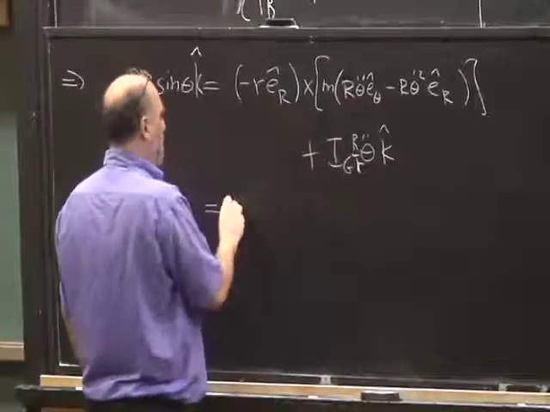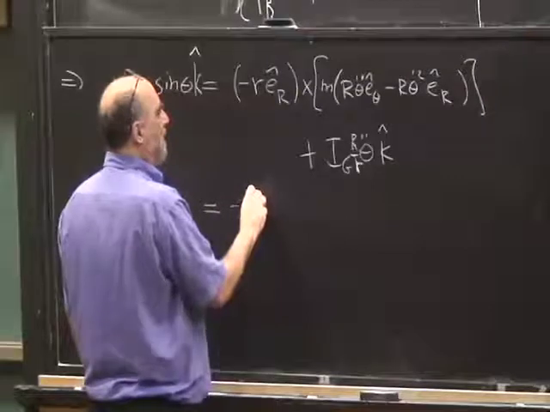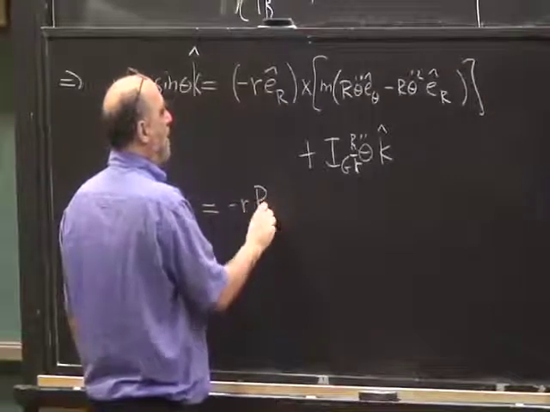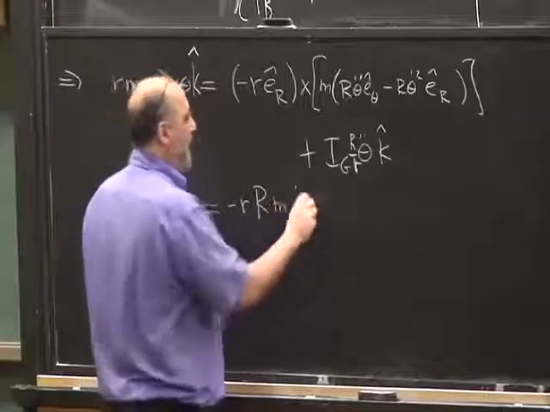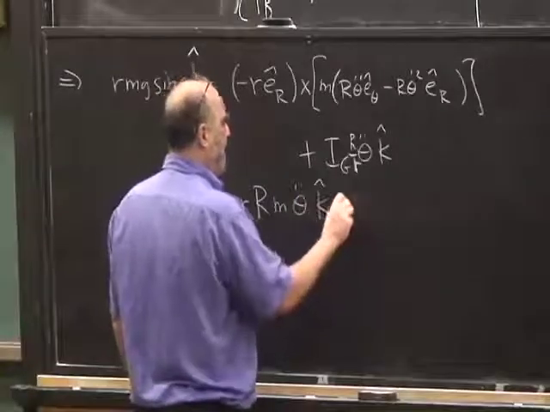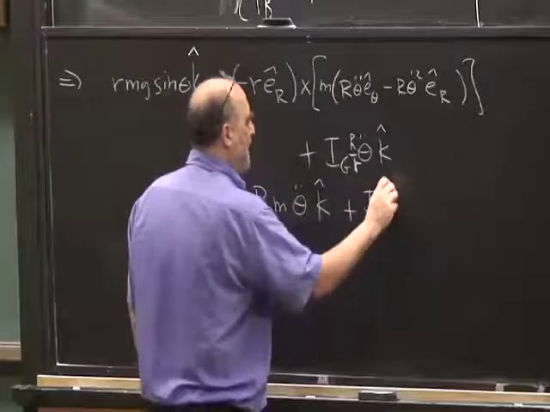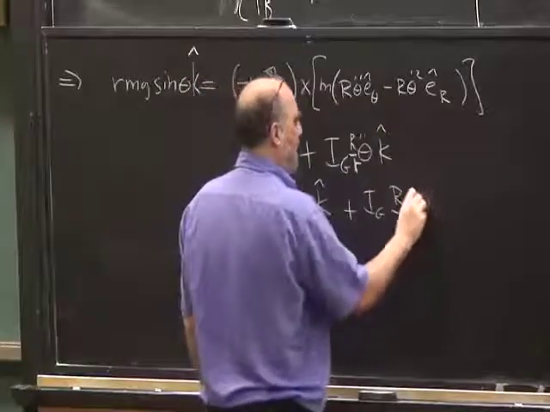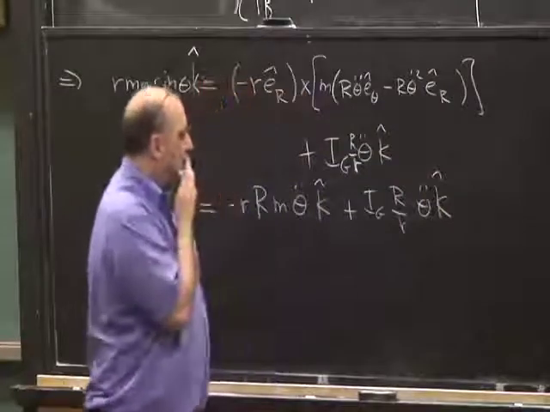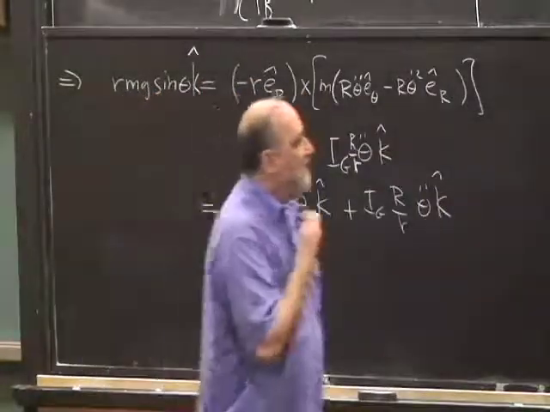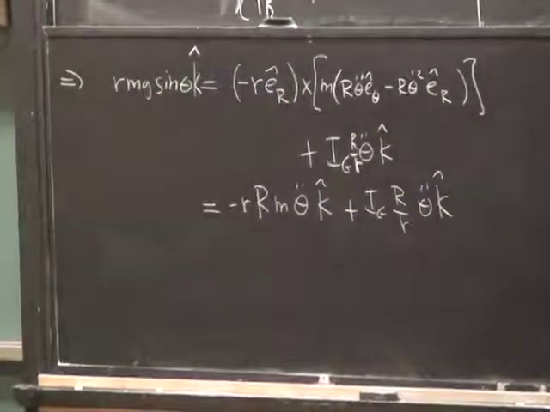So we have minus R, R, M, theta double dot, k. I'm smelling a sign error here. Plus Ig, R over R, theta double dot, k. Now there's a sign error someplace. Let me find out where that sign error is.